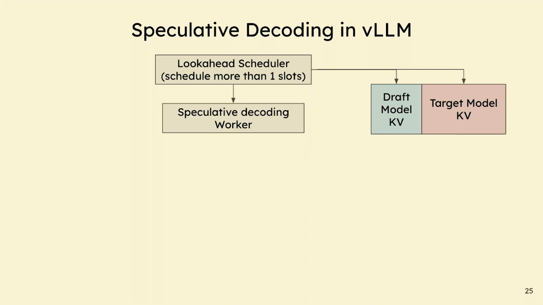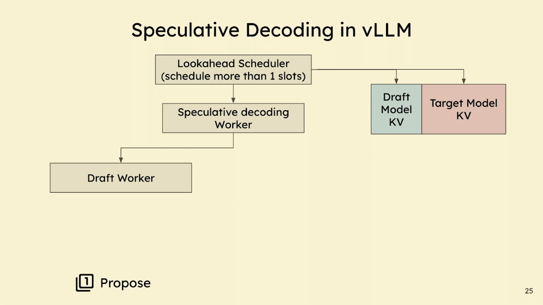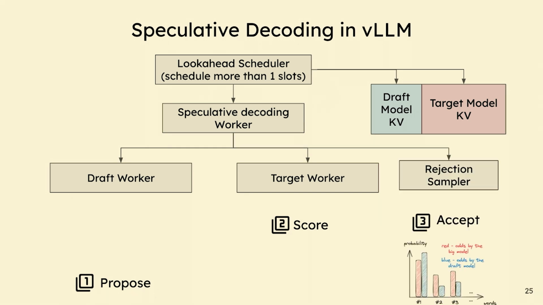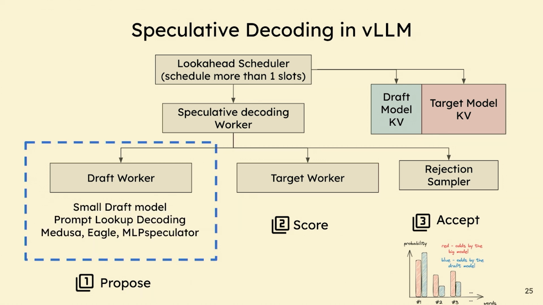The speculative decoding worker is responsible for calling the draft worker to propose tokens and the target worker to verify which tokens are correct and which are incorrect, and the rejection sampler is responsible for generating the final output. We try to make the framework as general as possible, so we have different flavors of speculative decoding, which I will dive into in the next slide.